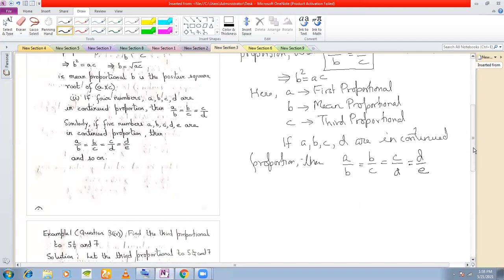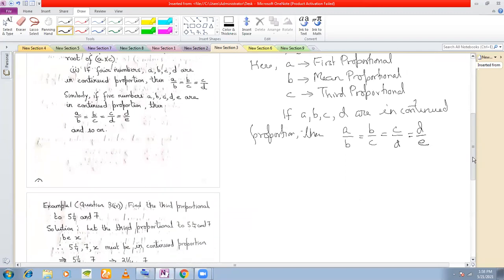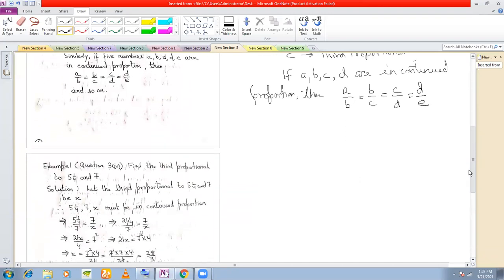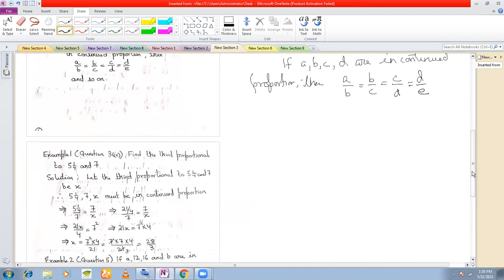So this is when numbers are in continued proportion. Remember the difference between proportion and continued proportion.